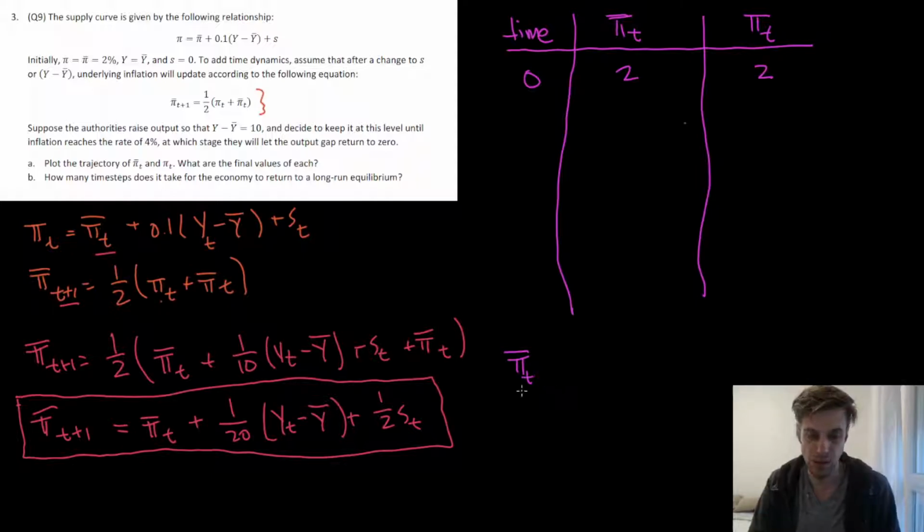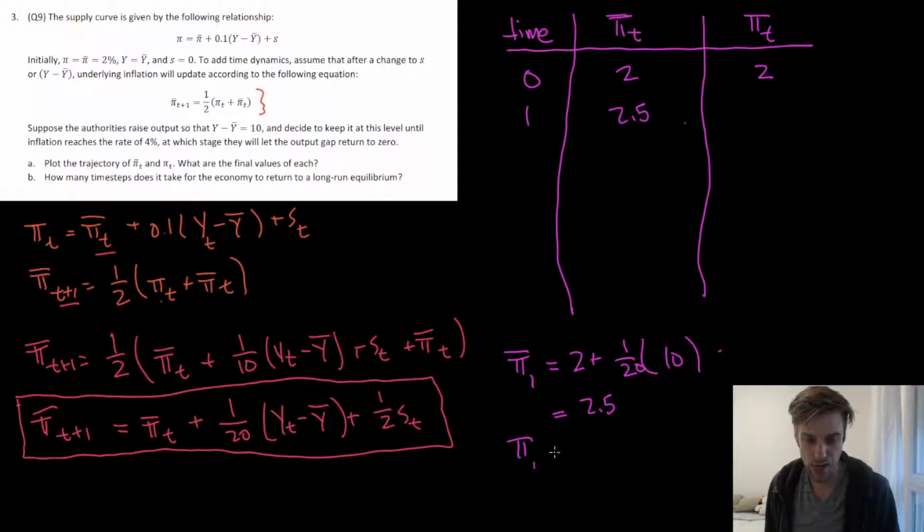So using these two numbers, plus the gap is 10, we can compute pi bar t plus 1. In fact, let's just write down the numbers. So we want to go to pi bar 1 using the data for zeros. And we'll use our update equation over here. So pi bar 0 is 2 plus 1/20th of the output gap, which is 10, and the shock is 0. So we're going to get 2 plus 10 over 20 is a half, so it's going to be 2.5. So at time 1, we get 2.5. Now we know the state variable, we update the jumper variable.